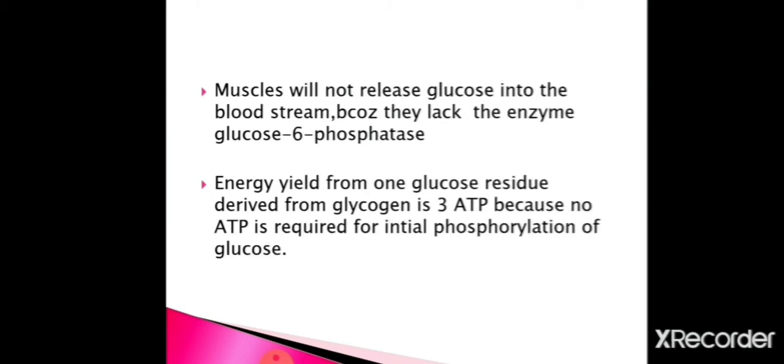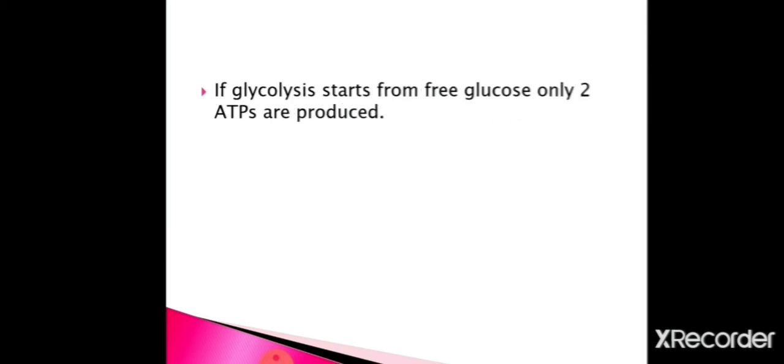So muscles will not release glucose into the bloodstream because they don't have the enzyme glucose 6-phosphatase. So energy yield from one glucose residue derived from glycogen is 3 ATP, because no ATP is required for the initial phosphorylation of glucose. And if glycolysis starts from free glucose, only 2 ATPs are needed.